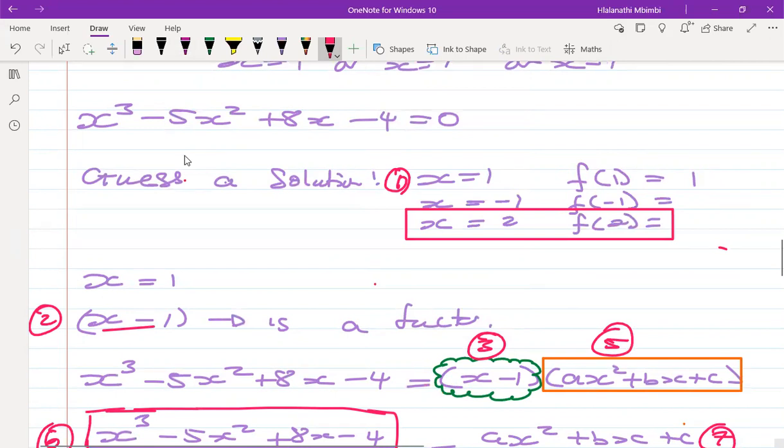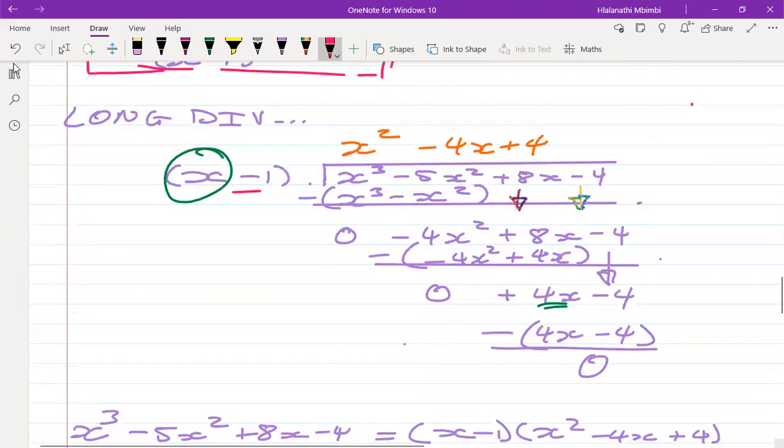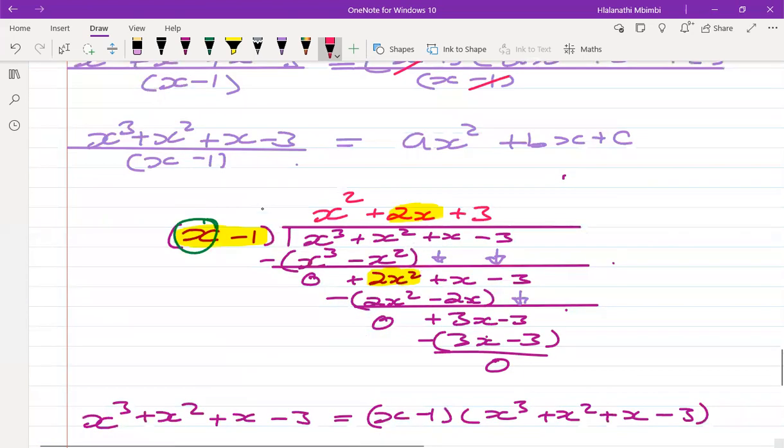Their factor would have been x minus 2, and then the division you would have been dividing by x minus 2. But that doesn't make any big difference, because the minus 1 or minus 2 doesn't do much work. It's not as involved as the x itself.